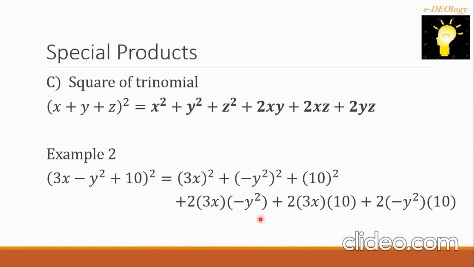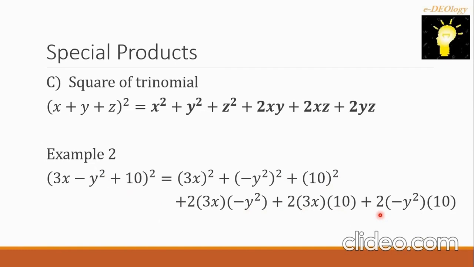And for the second group, I will collect two terms at a time and then multiply it by 2. So first I'm going to multiply 3x and negative y square. It's here, and then times 2. And then plus, I'll multiply 3x and the 10. It's here now, 3x times 10 and then times 2. And the last term, I'll multiply the negative y square and the 10. It's written here, and then times 2.